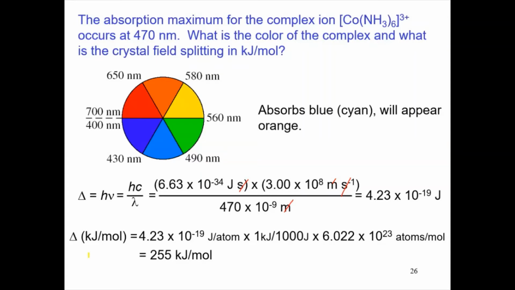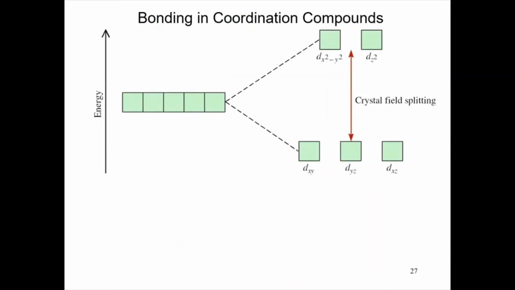And we can calculate, based on the absorbance spectrum, the approximate crystal field splitting energy in kilojoules per mole. Cool, right? Now, the other thing that crystal field theory explains is the magnetic properties of these ions.